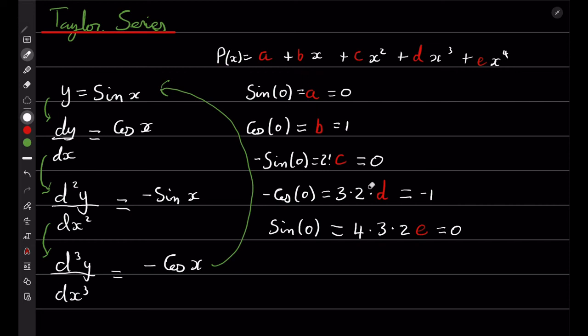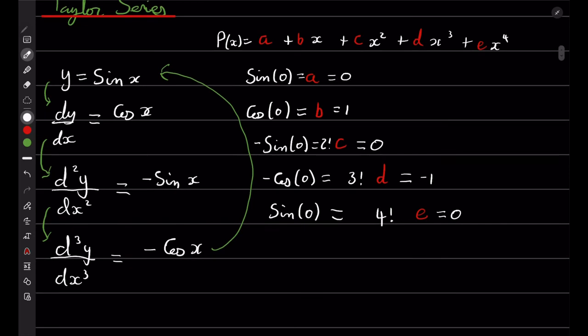This 3 times 2 is going to become 3 factorial, because we're just taking the power and multiplying it by n minus 1, n minus 1, n minus 1, where n is changing every time. You take the new value of n, subtract 1, and then multiply it by the old ones. That's basically what a factorial is. So this one's going to become 4 factorial e.